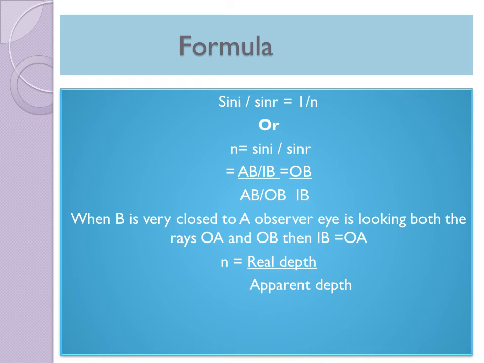In this, AB upon IB is equal to OB, and AB upon OA is equal to IB. When B is very close to the observer's eye, looking at both the rays OA and OB, then IB is equal to OA. Then n is equal to real depth upon apparent depth.